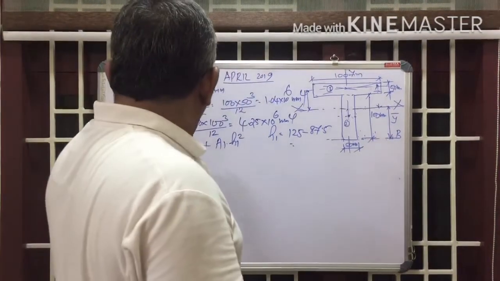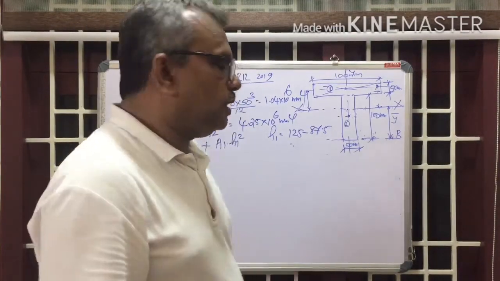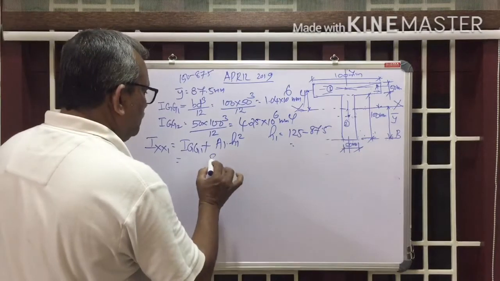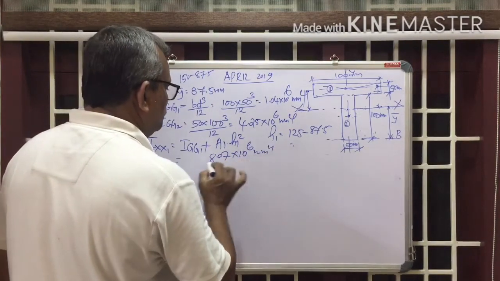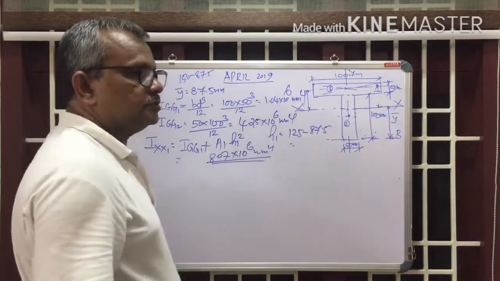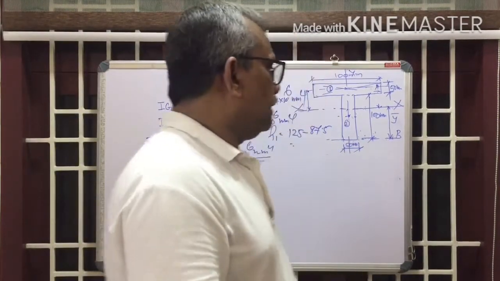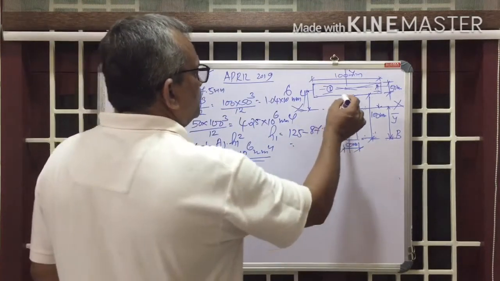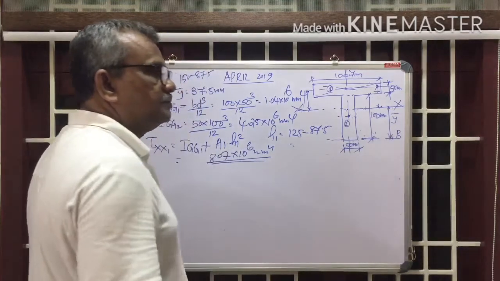By substituting these values, you can find Ixx1. It will be say 8.07 into 10 raised to 6 mm raised to 4.